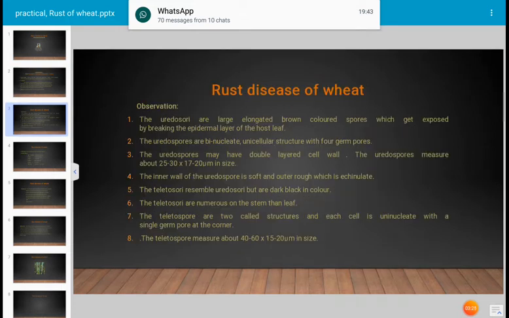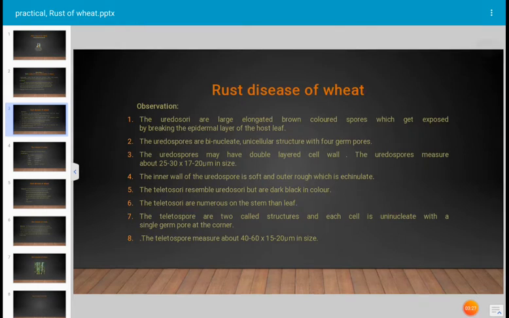Next, what we have to observe in the section which we have taken and prepared as a slide under the microscope. The uredosori are large, elongated, with brown colored spores. The uredosorus, that means a group of urediniospores, consists of elongated brown colored spores.